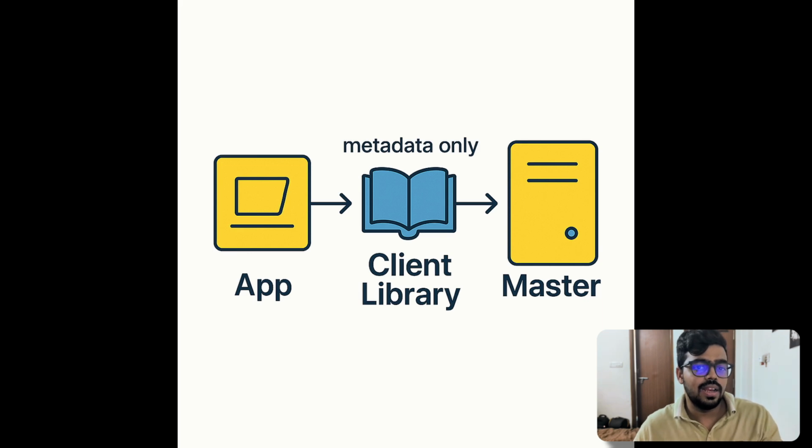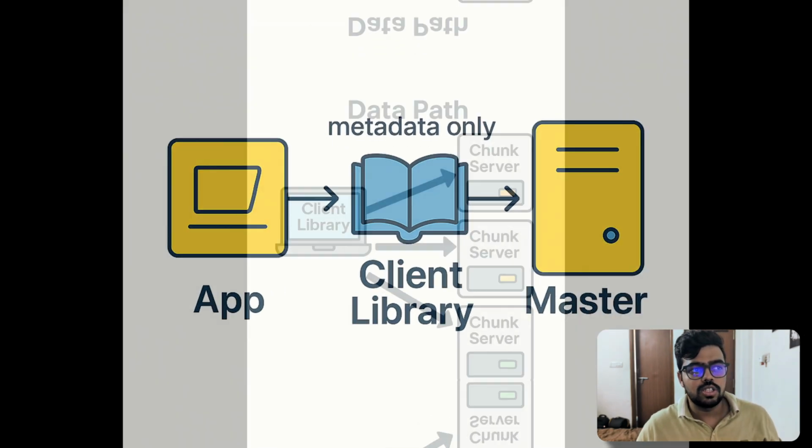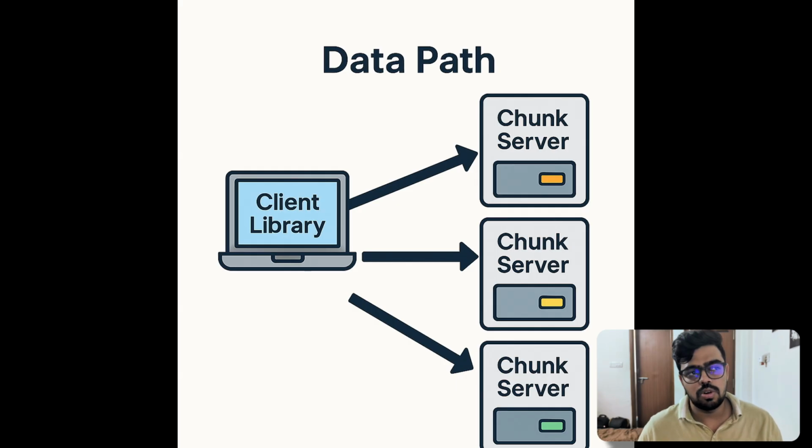After that, the client library talks directly to the chunk servers to fetch or write the data. The design keeps the master lightweight and ensures that fast, parallel data transfers happen directly between the chunk servers and the client library instead of involving the master.